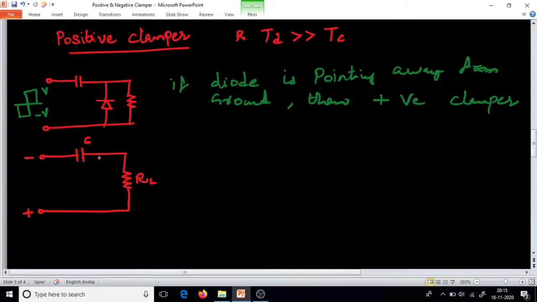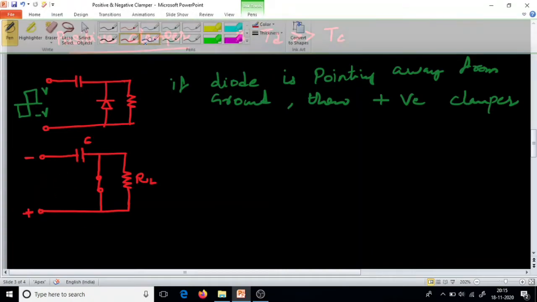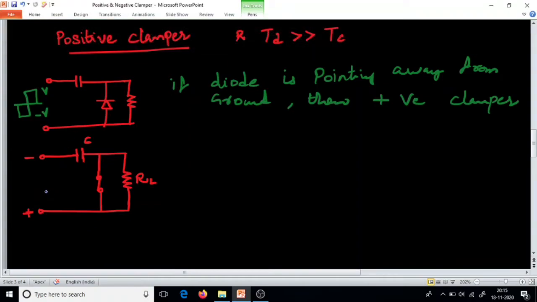The diode conducts. I am considering an ideal diode, so it becomes a short. The current flows like this, from positive. This plus and minus is just similar to a battery, with a minus terminal and a plus terminal.